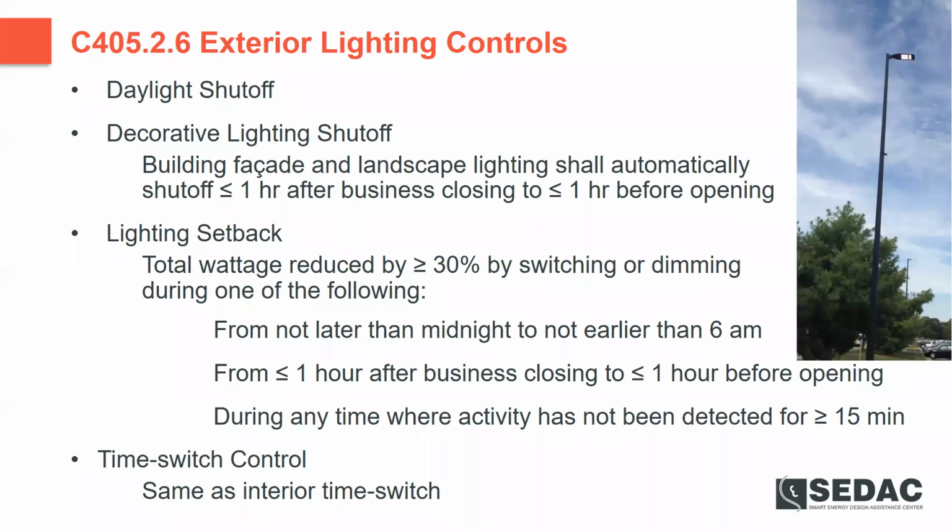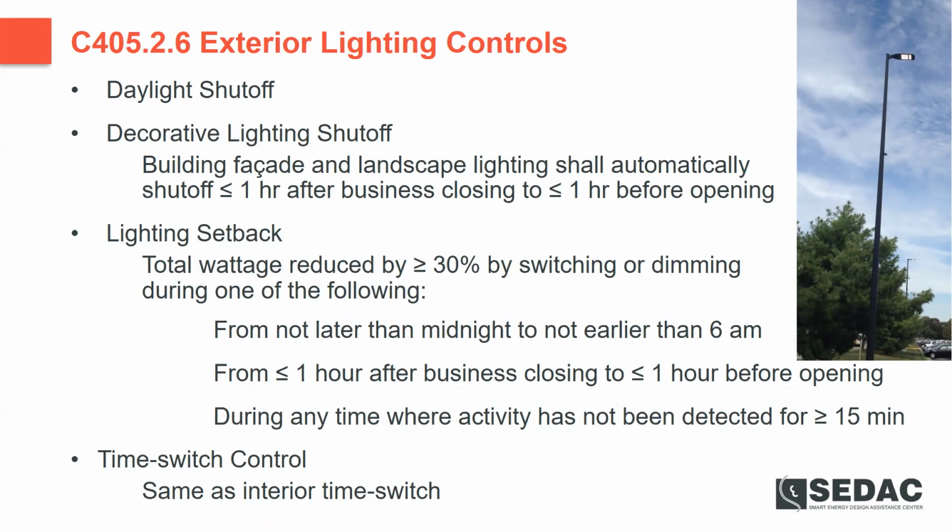For your general lighting for exterior, we have to reduce the lighting power by at least 30%. So this could be done as noted by switching or dimming. And one way that we have seen this done is fixtures closer to the building would remain lit, and the ones further away we might see turned off. This can be done one of 3 ways.